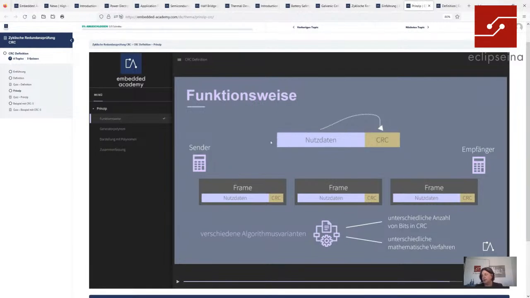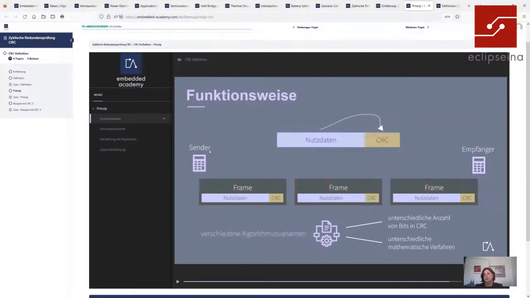So it's explained that you have data and you're generating the CRC. For example, one of the places where it's used is a serial bus protocol, like CAN, FlexRay, or Ethernet. All of them have a CRC defined, so that the sender calculates the CRC, and the receiver can recalculate it to find out whether the data was transmitted correctly.